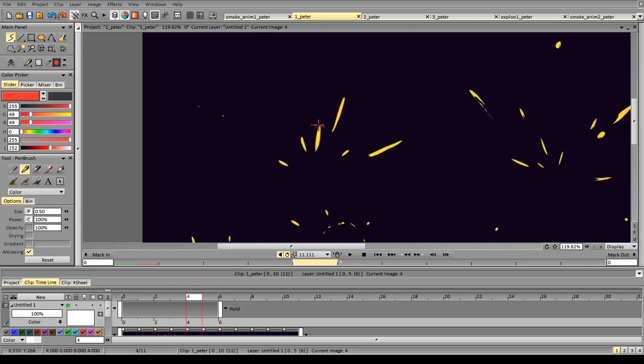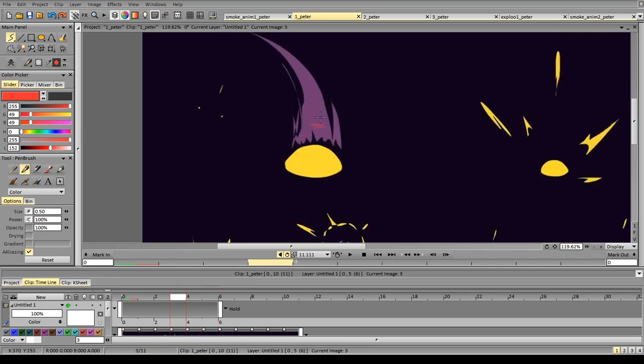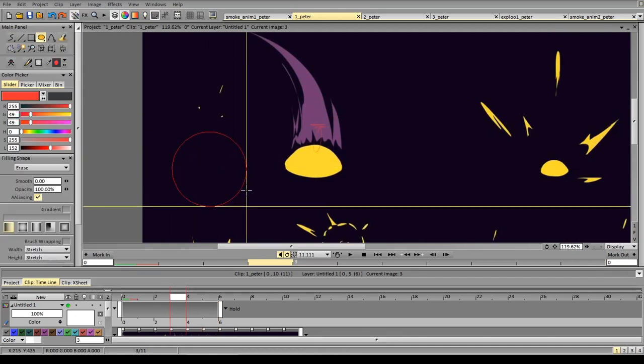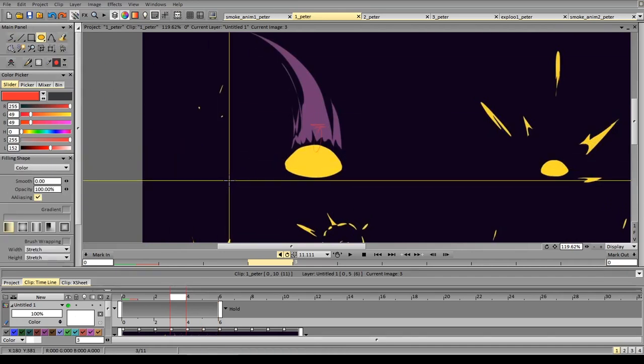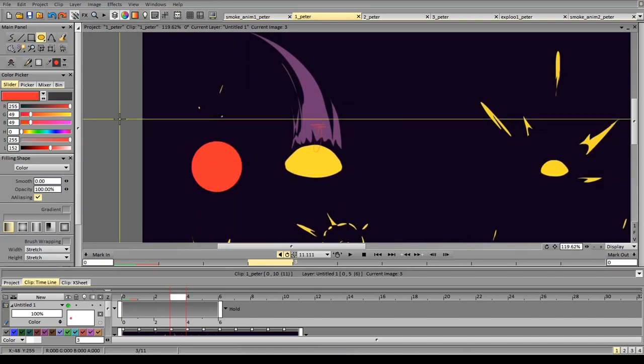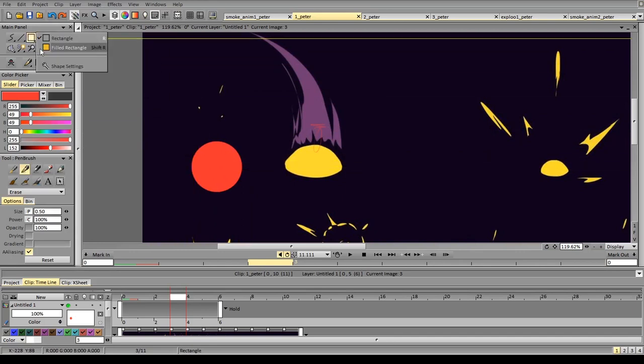Here, the problem is that this particle doesn't really move much when the circle explodes, and I would probably draw the circle with a tool. So erase it away.